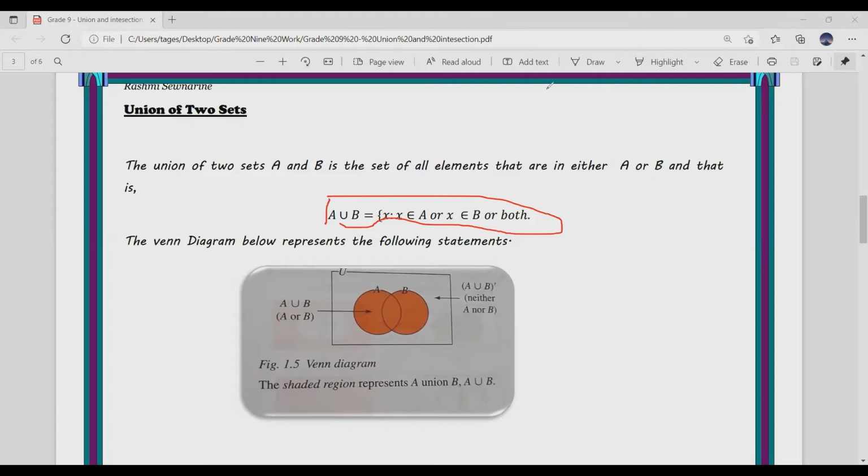Now we say that a union is basically everything that is in A and everything that is in B.